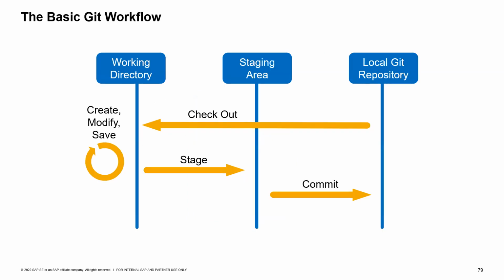So the basic Git workflow is what happens when you work with files locally in Git. The case of remote Git repositories we can discuss later. When you're working locally in Git, this involves three major logical areas, which are the working directory, the staging area, and the local Git repository.